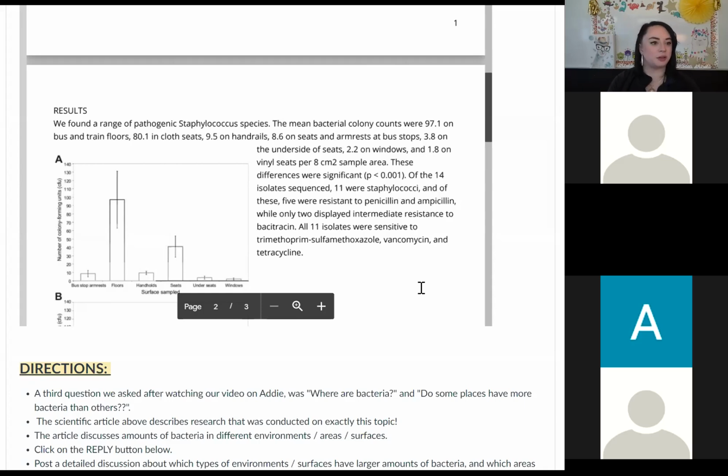The seats are like your chairs at school. They are hard plastic, right? Why do you think there would be less bacteria on the plastic seats than the cloth seats?